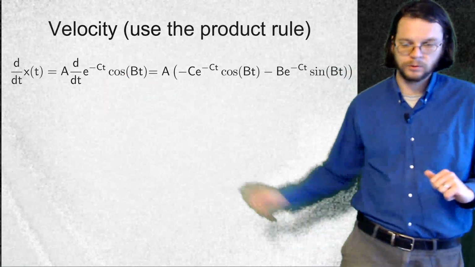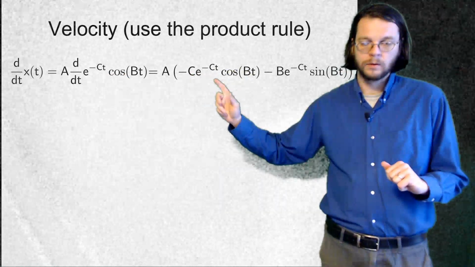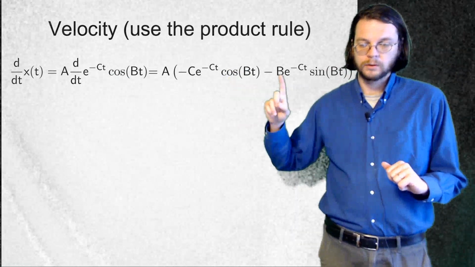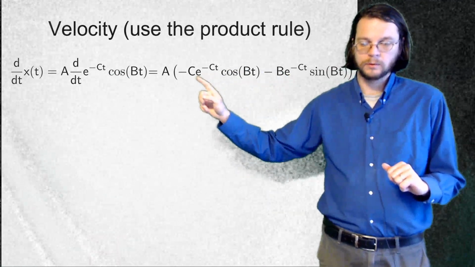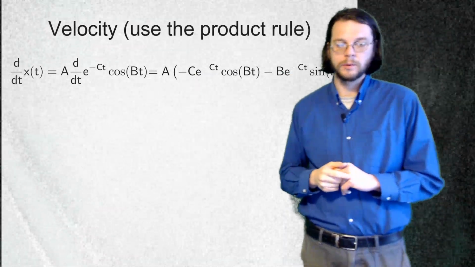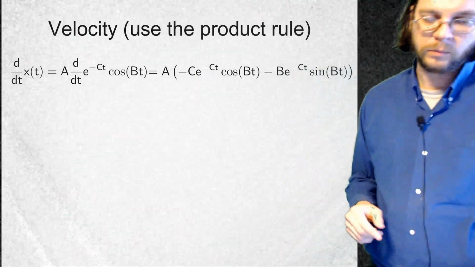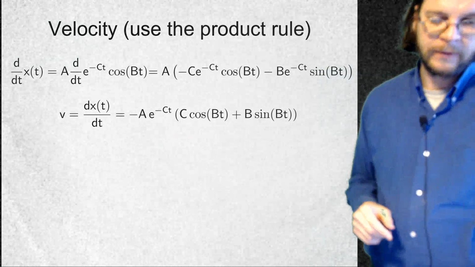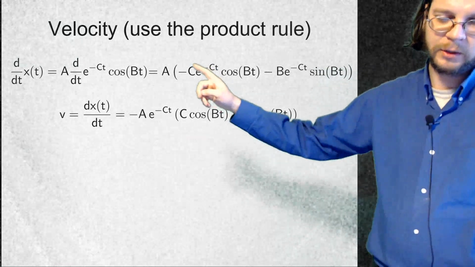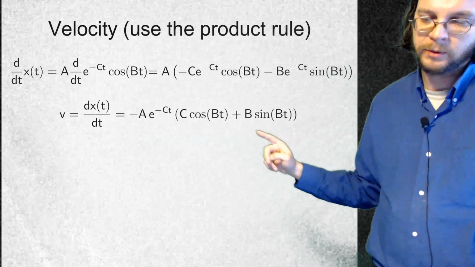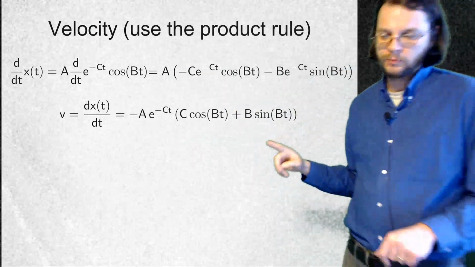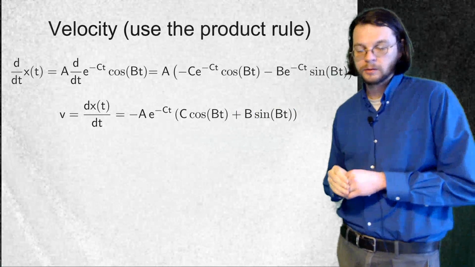There's two terms here. In this one we did not take the derivative of the exponential, whereas in this one we did, which is why there's a c out front. So this is what we get for the velocity. We can simplify that a little bit if we factor out the a and the minus sign and the exponential. Unfortunately, that's about as simple as that one gets.